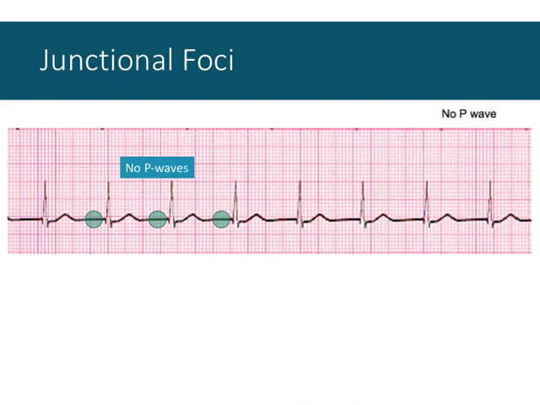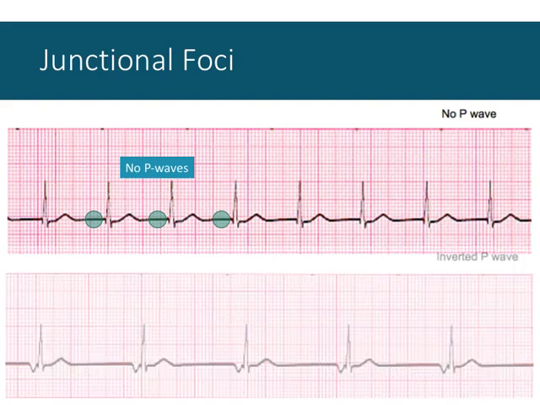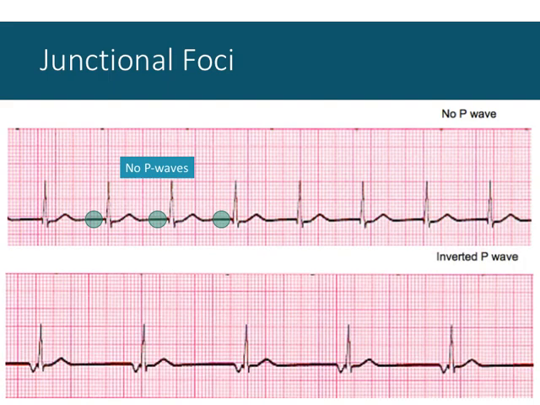Now this same setup can occur in our second example, where instead of not observing a P wave, we observe an inverted P wave. And this simply indicates to us that the AV node's initiating contraction, the signal is being generated and sent through to the ventricles, but it's also being sent retrograde back up into the atria towards the SA node.